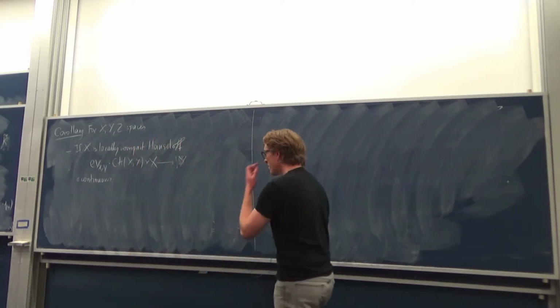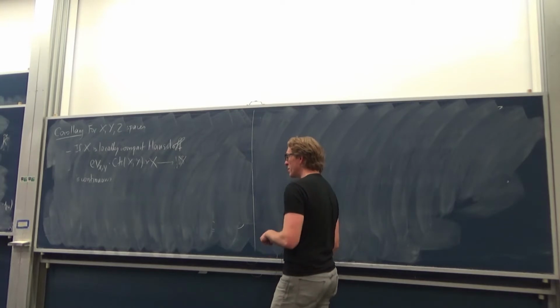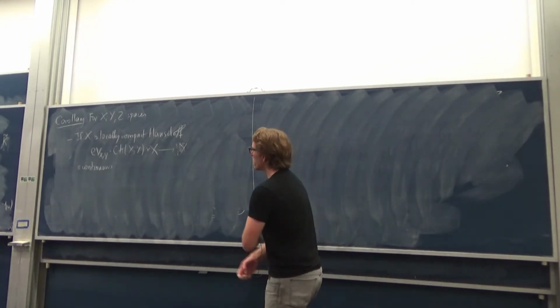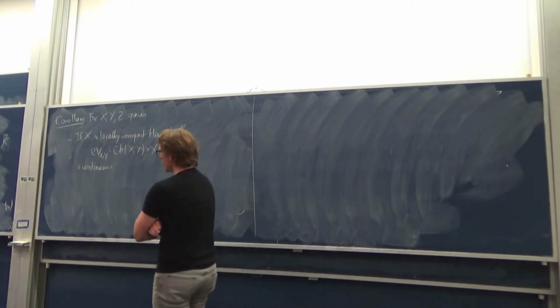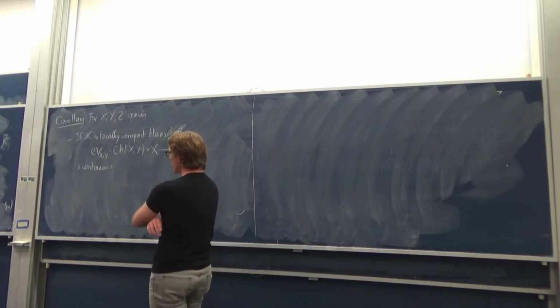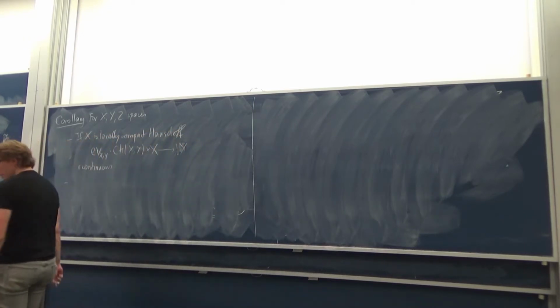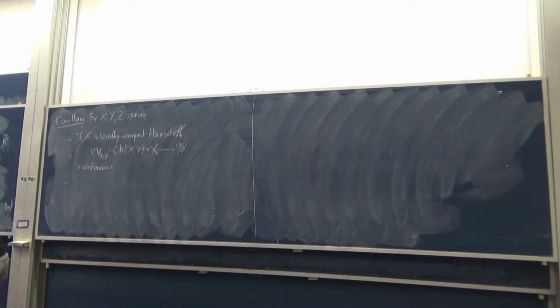Right, so take a function from X to Y, take a point, send it to the value of the function on the point. Okay, so with the compact open topology, that's continuous. As I explained a few lectures ago, that's a consequence of this adjunction property, so I don't need to prove this. I explained how it follows from that property already. So that's important.